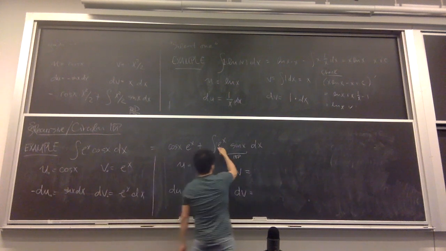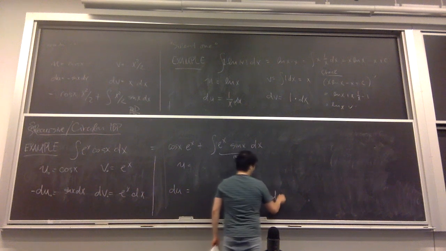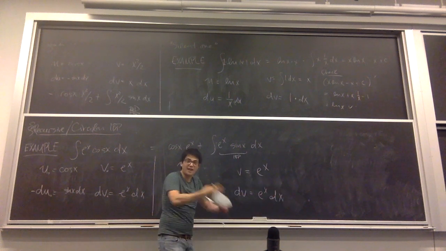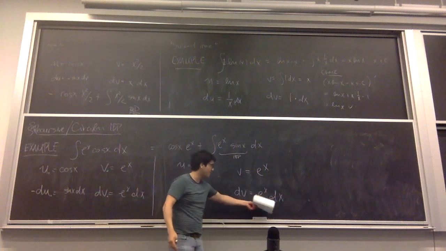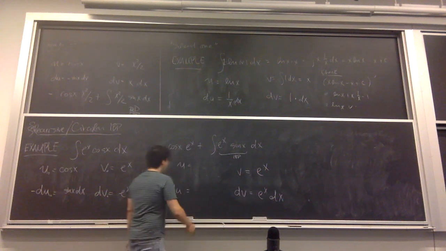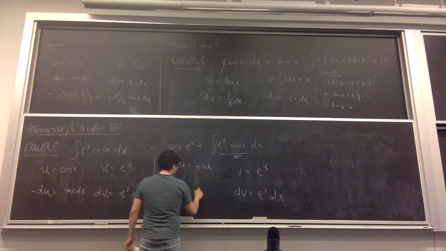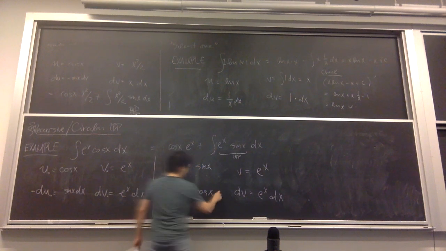Okay, so again, I'm just going to choose e^x to be the thing that doesn't move. You want to make sure to choose dv so that you're able to integrate it. Don't put something here that you can't integrate. Then that means u is going to be sin x, and that means du is going to be cos x dx.